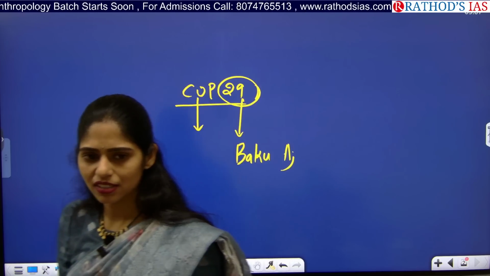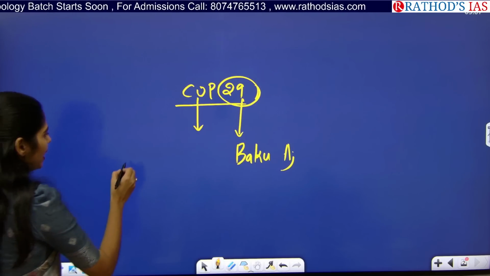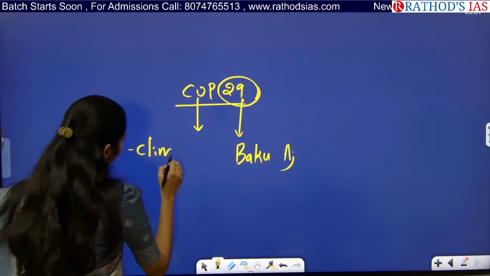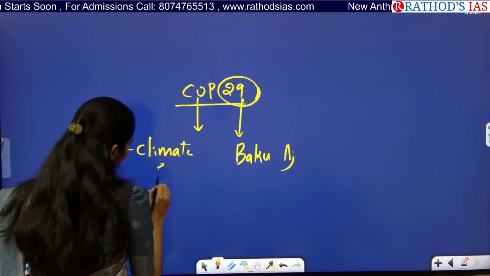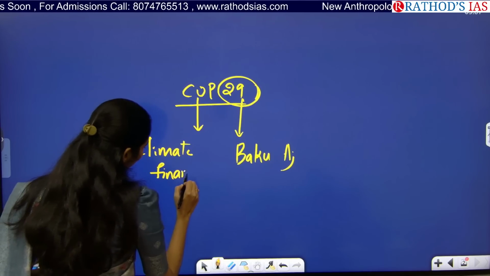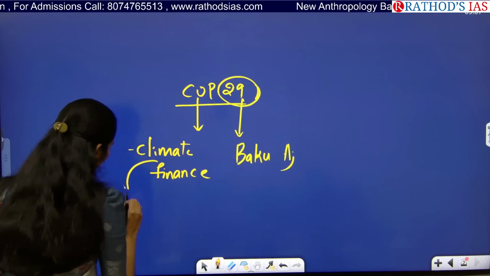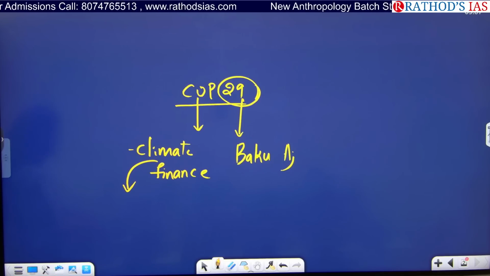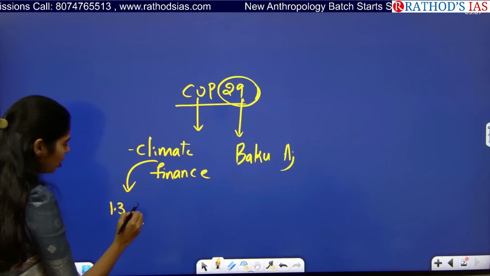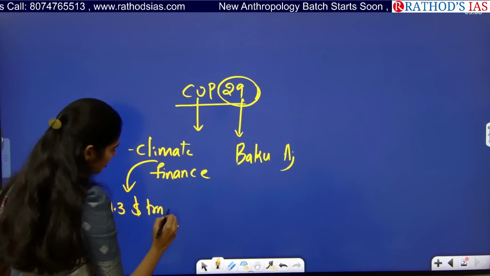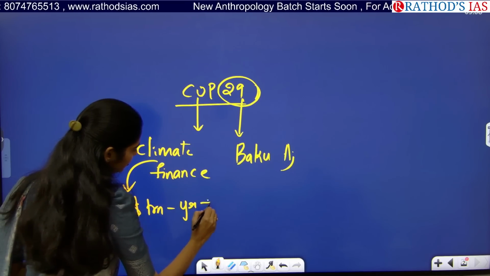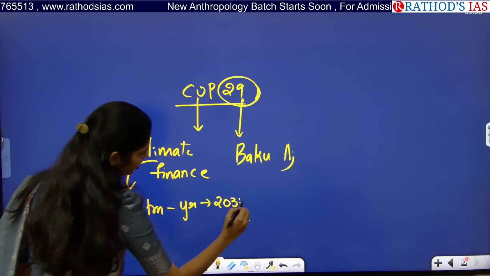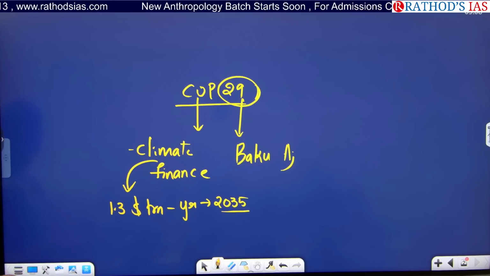Climate finance next. Apart from this climate finance, okay, so what is India's demand for this climate finance? $1.3 trillion per year till 2035 annually.